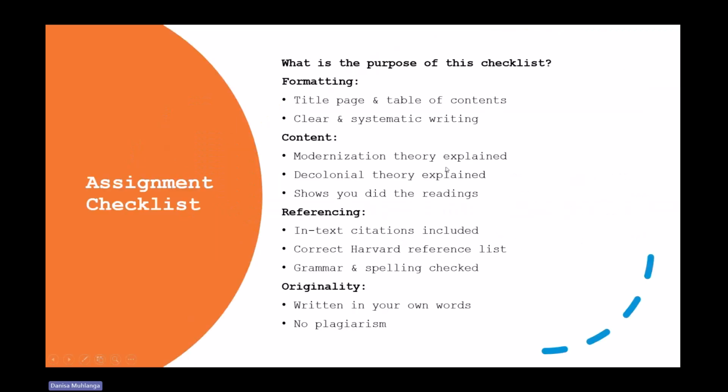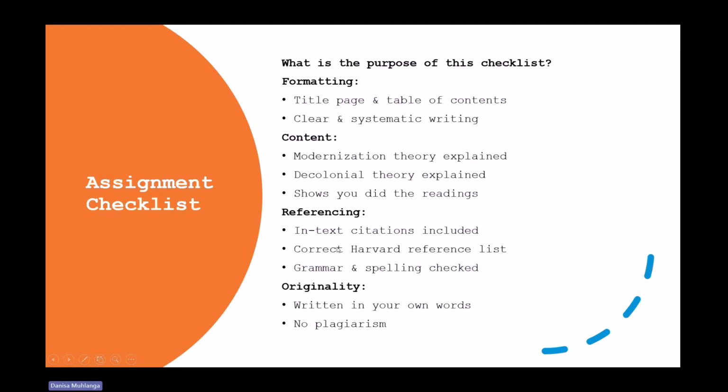All right? Okay, so for your assignment, you need to check if everything that is required, the requirements of the assignment, is there. You understand? If you have written everything. That's why you have to use a checklist at the end.